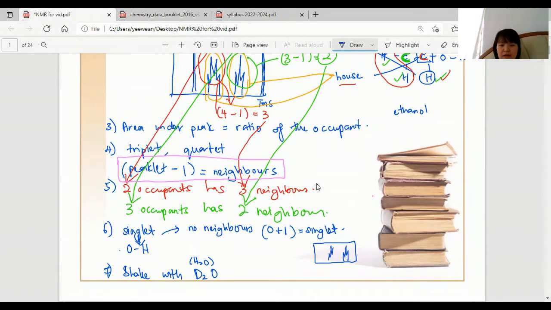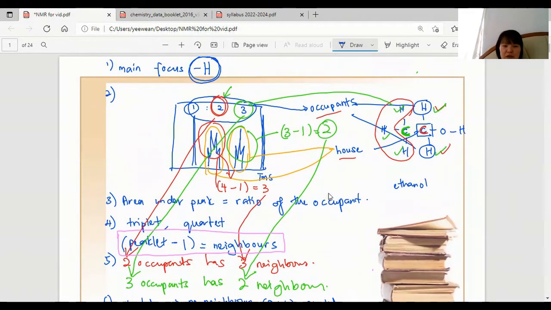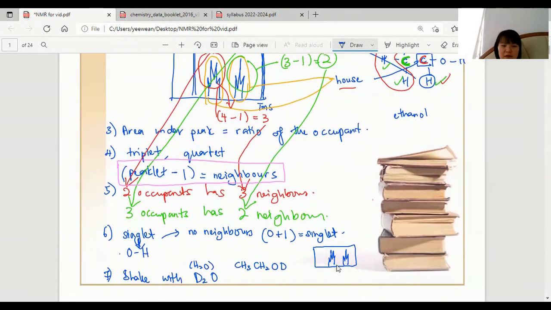You'll still see the quartet and the triplet, but there's no singlet here. It disappeared because it has become CH3, CH2, OD, and this instrument can only read a proton, an H. It doesn't read the isotope of hydrogen, deuterium. It doesn't read a D. So if it has become OD instead of OH, that peak would have disappeared. Then you can verify that it's an OH and not a proton that has no neighbors.